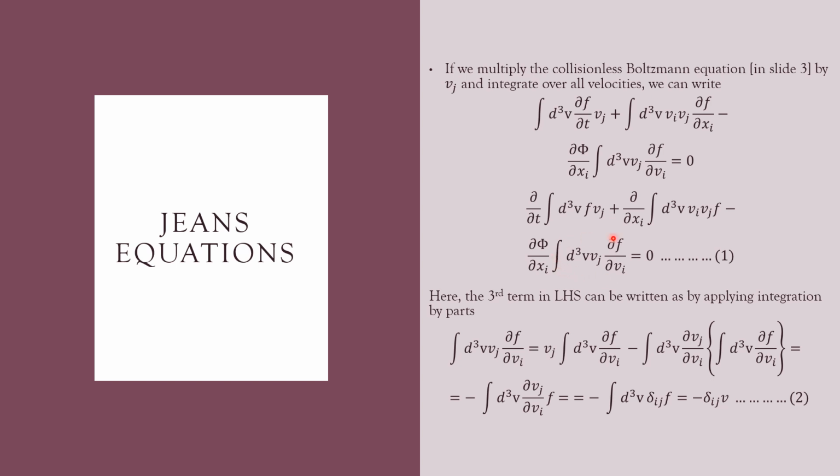In the case of the third term, we can apply integration by parts for the integral part of it, and we can use the concept that for sufficiently large velocities, the distribution function tends towards 0, which leads us to δij ν for the integral part of the third term.